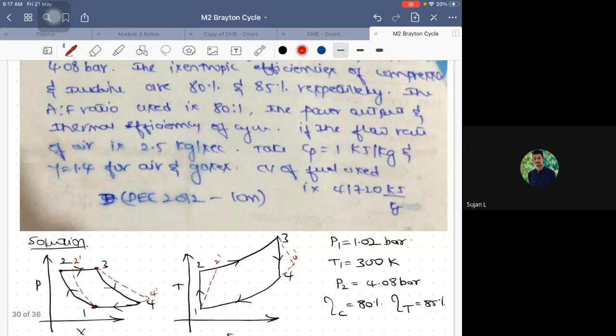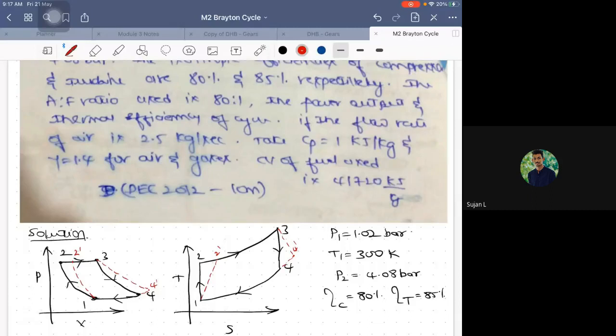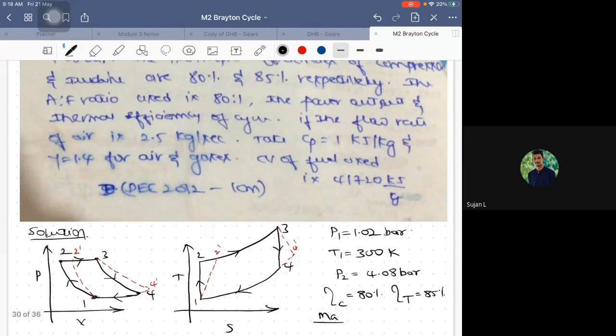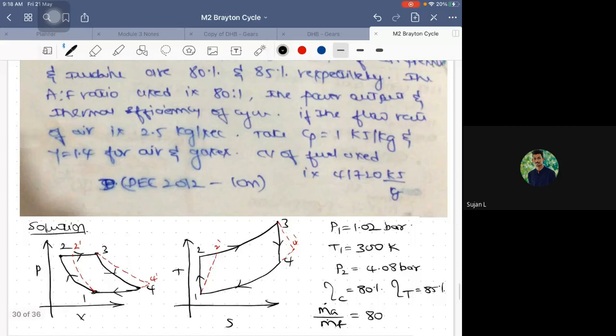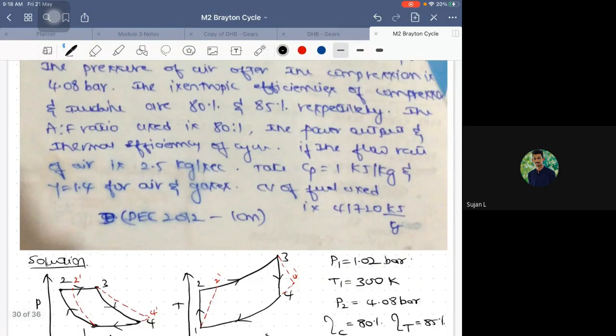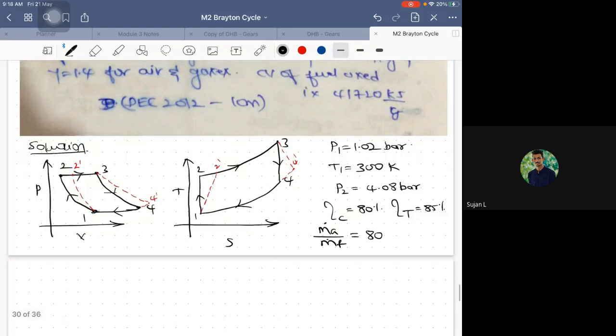That's great. Next, the air to fuel ratio is 80. I remember this particular value, 80:1. So it is the mass flow rate of air divided by the mass flow rate of fuel, which is 80. The power output and thermal efficiency of the cycle need to be found out.